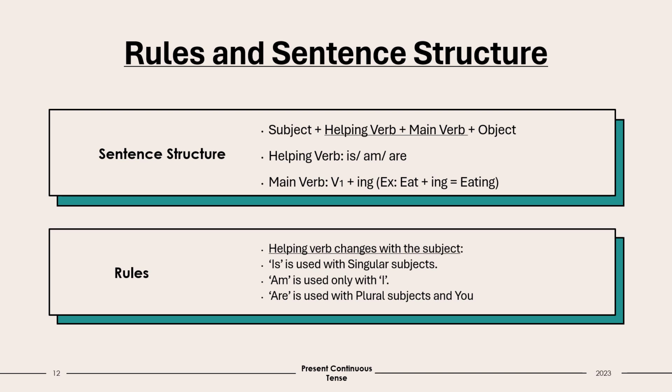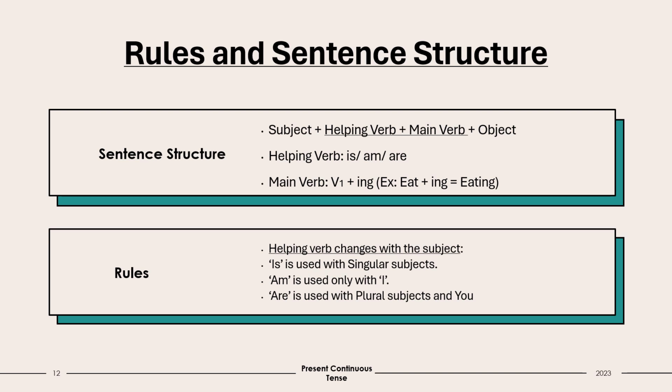So, we have three helping verbs here, is, am or are. What is the main verb? We use first form of the verb and add ing at the end. Okay, so whether there is a singular subject or a plural subject, we are always going to add ing after the verb.